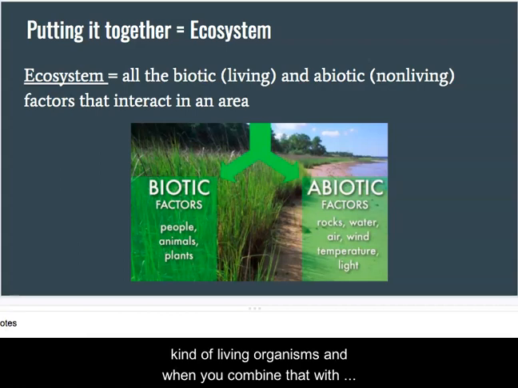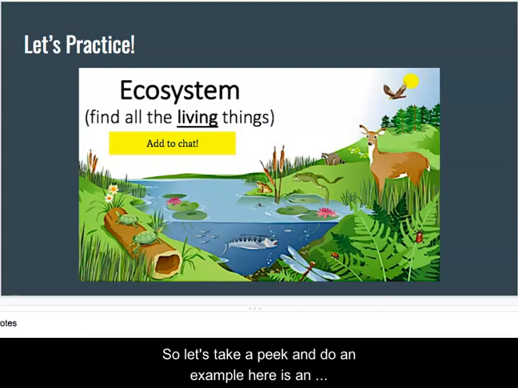And when you combine that with all of the abiotic or non-living things like rocks and water and air and wind and temperature and light, all of those things, that's when you have a full ecosystem. It takes into account both the biological or biotic communities that live there, as well as the non-living things, the abiotic factors. So let's take a peek and do an example.